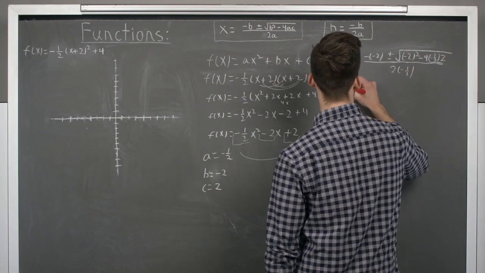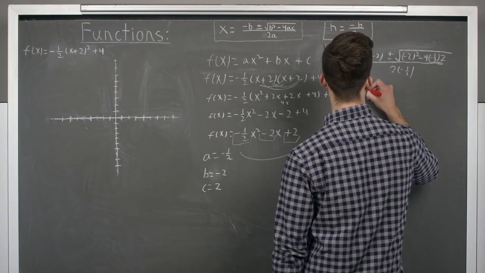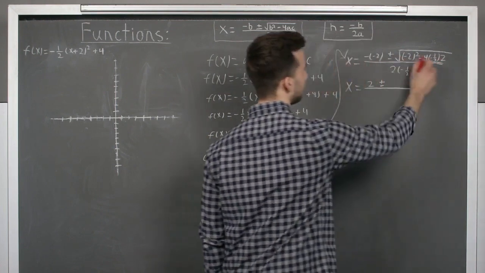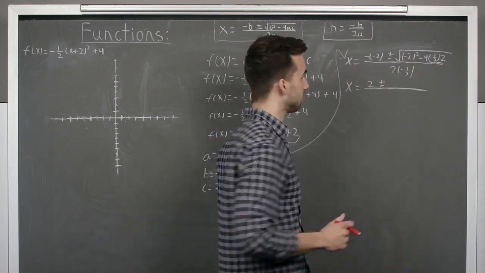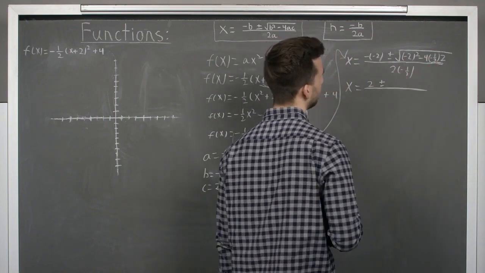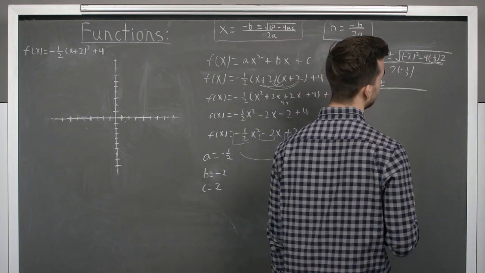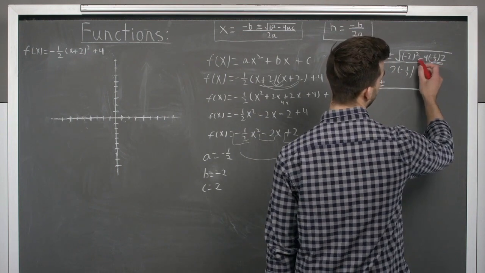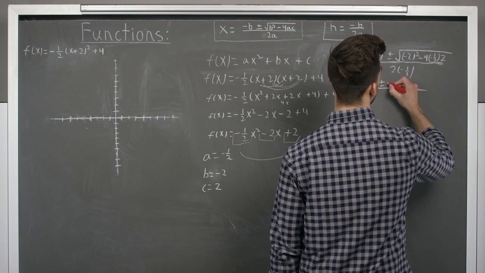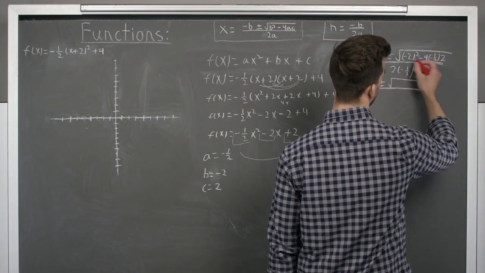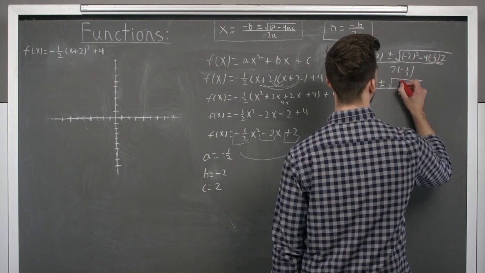We can rewrite this as x equals +2 plus or minus. I just do this all in my calculator because I don't want to have to rewrite this a million times. So -2 squared is +4, so -4 times -1/2 is +2, times 2. So this whole thing is 4 plus 4 is 8.